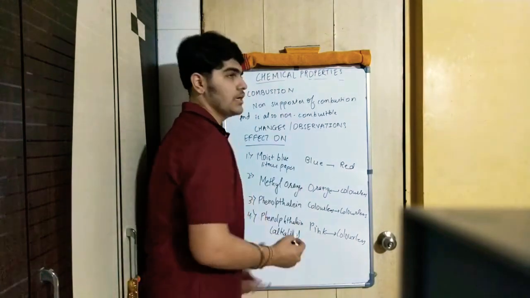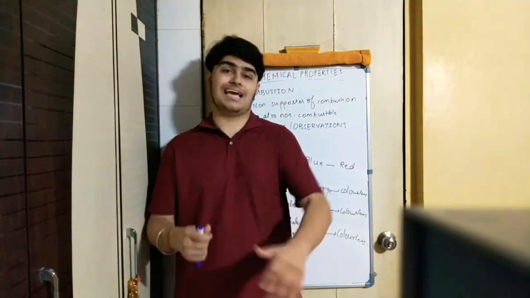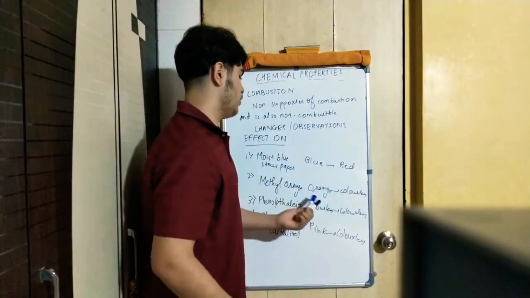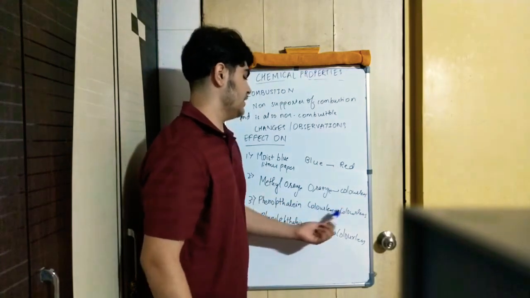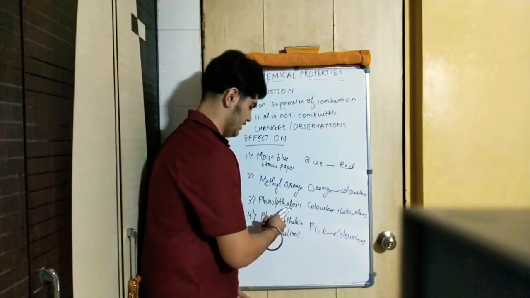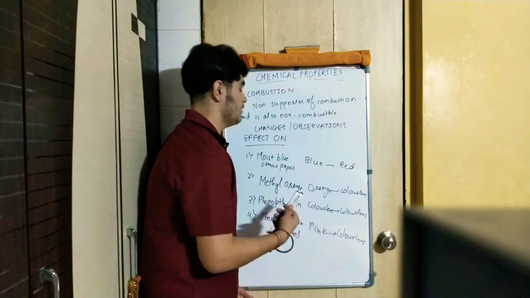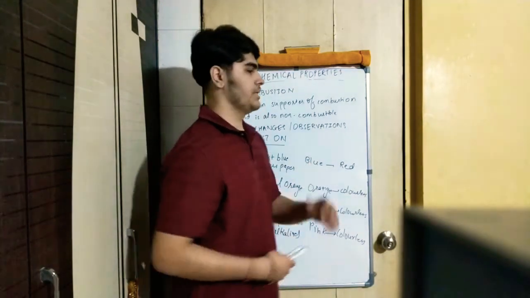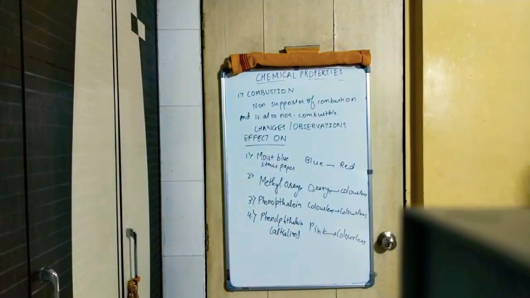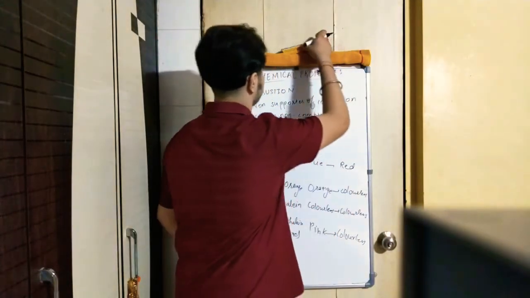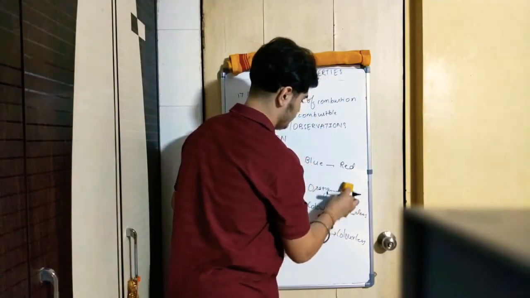So with all these we conclude that HCl gas is acidic in nature because it changes blue litmus to red, methyl orange from orange to colorless, and phenolphthalein from colorless to colorless because phenolphthalein is neutral in nature here. But if we take alkaline phenolphthalein, the change is from pink to colorless. You can copy it down. I'm very sorry, here it's not colorless, it's pink.